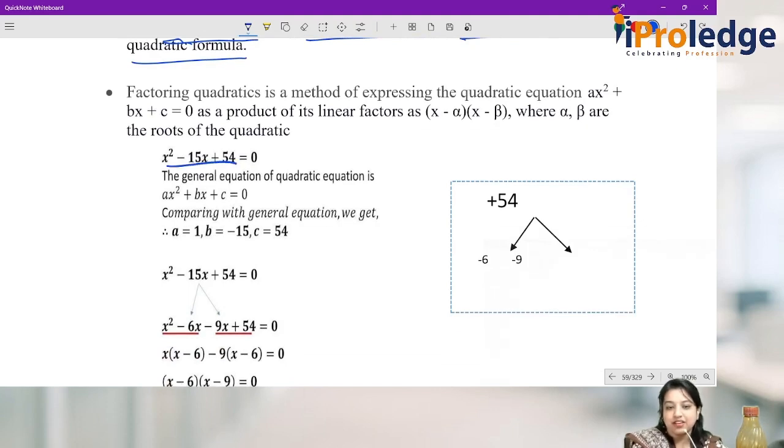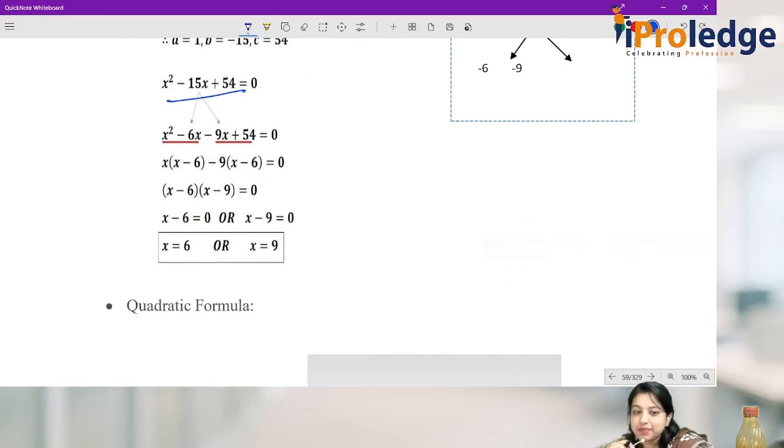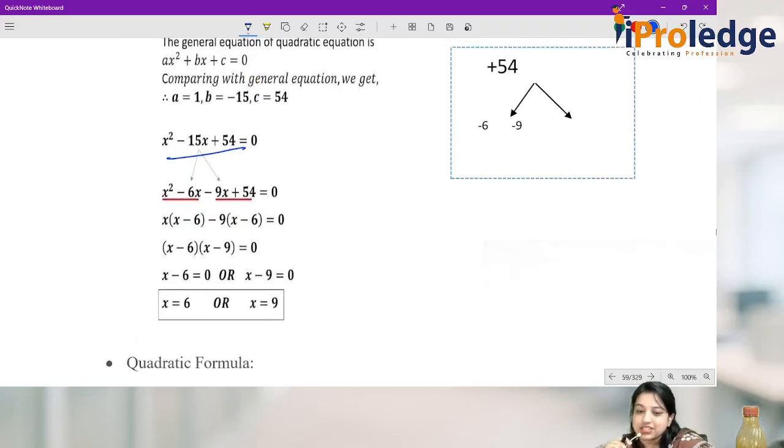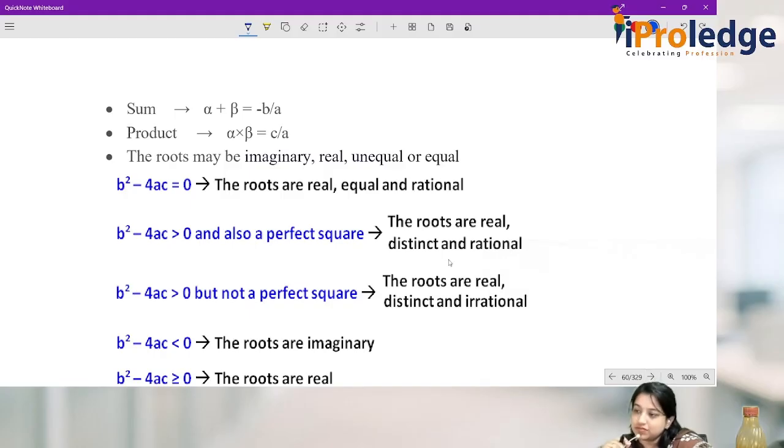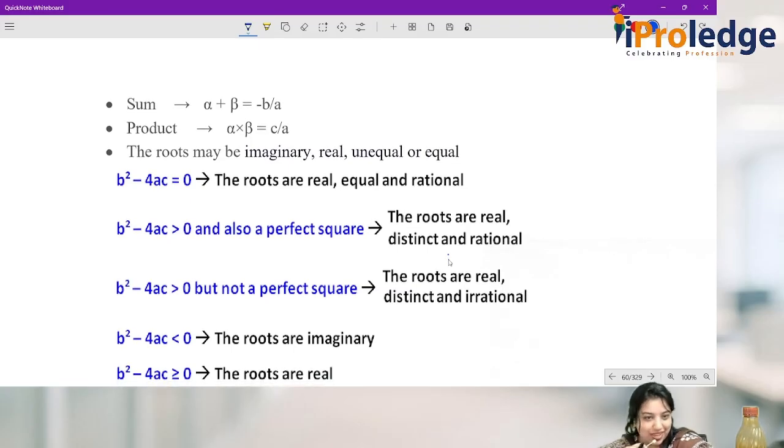In factorization, you are finding the factors. In the formula method, tell me the formula: minus b plus or minus square root of b square minus 4ac, divided by 2a. Now the sum of the roots formula.